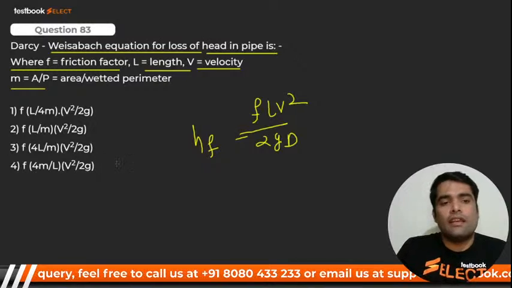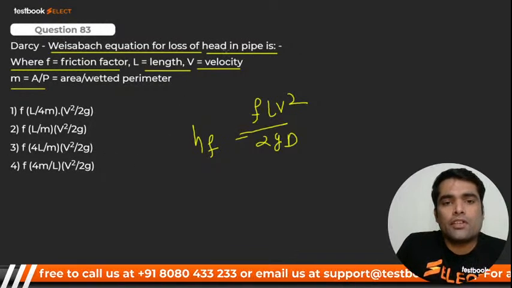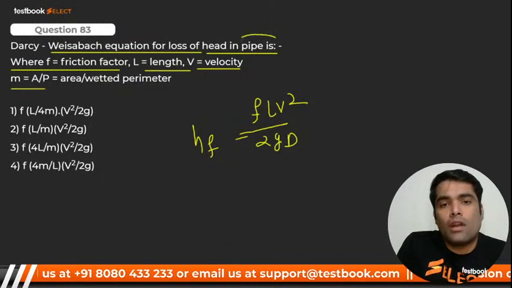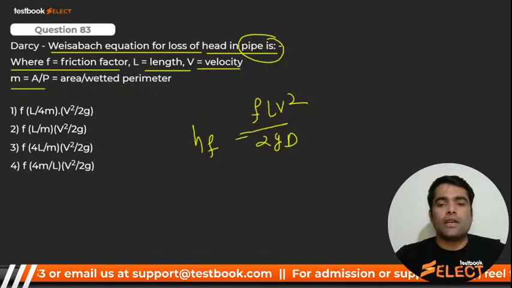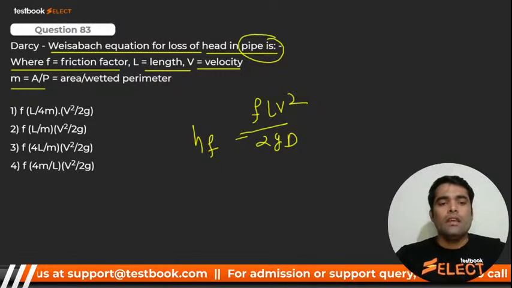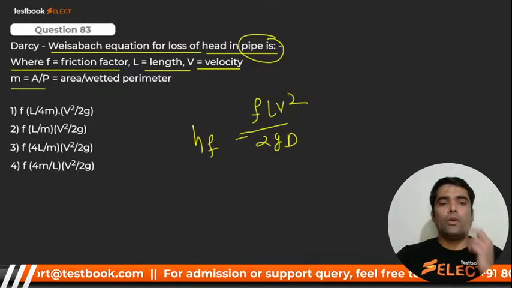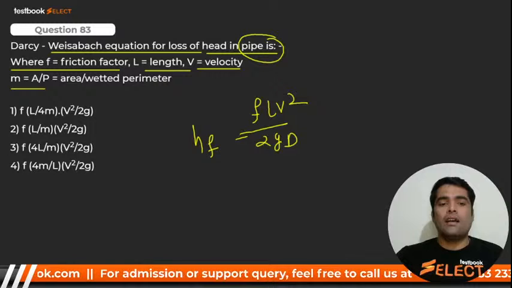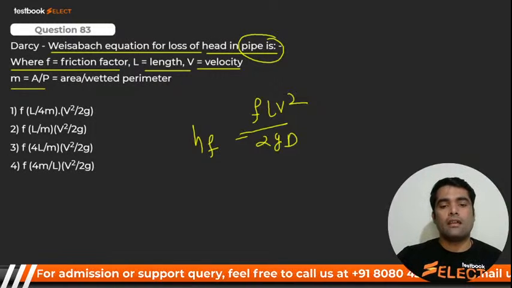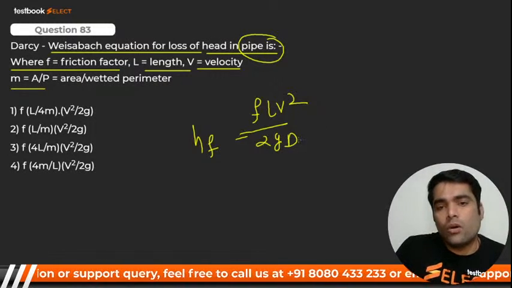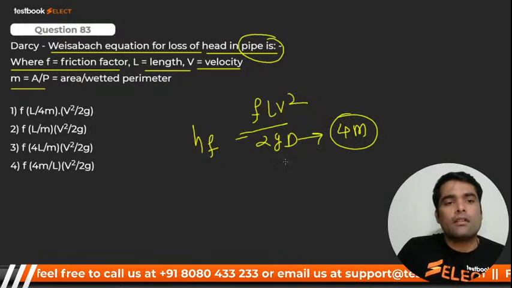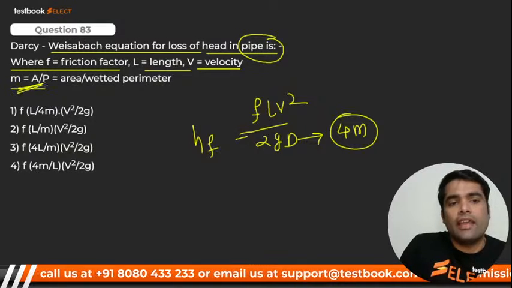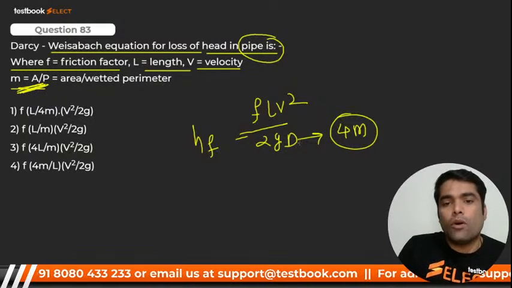Weisbach equation for loss of head in pipe. It says pipe, so for a pipe, what is D? What does D become? D is nothing but what, my dear? 4 into M, 4 into M, right? M means what? This one. A by P, for a pipe.